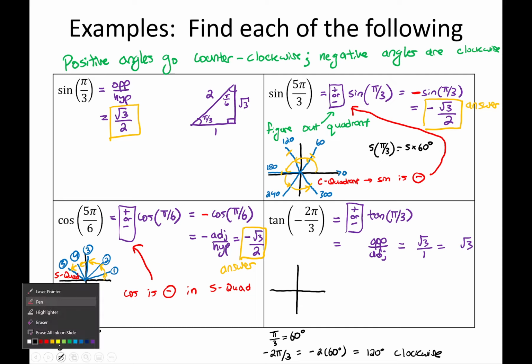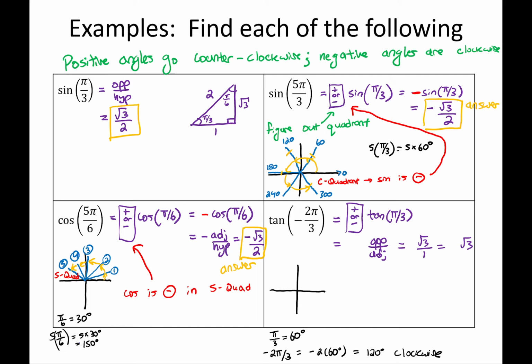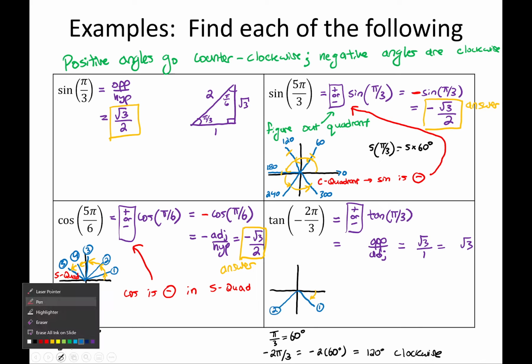I'm going to draw the increments. So here's your first increment of 60 degrees, going clockwise. And then here's your second increment of 60 degrees.